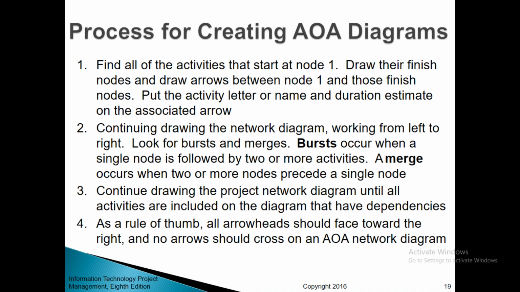Number 3, continue drawing the project network diagram until all activities that have dependencies are included on the diagram. And number 4, as a rule of thumb, all arrowheads should face forward, to the right, and no arrows should cross on an AOA network diagram.